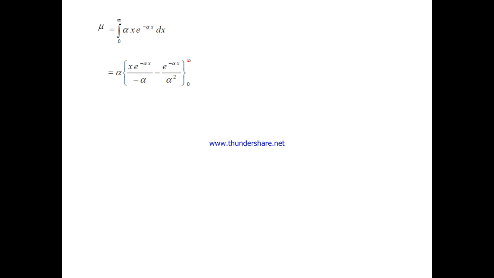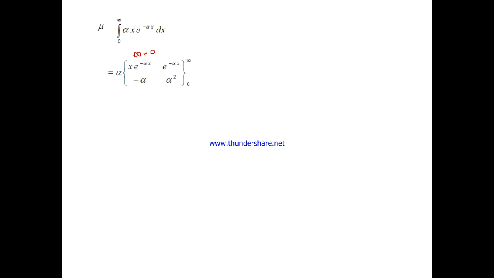Now, let us apply the limits to both the terms. When we apply the limits to the first term, this ends up with 0 into infinity or infinity into 0. Is that right? Which is nothing but an indeterminate form. When it is an indeterminate form, what are we going to do?